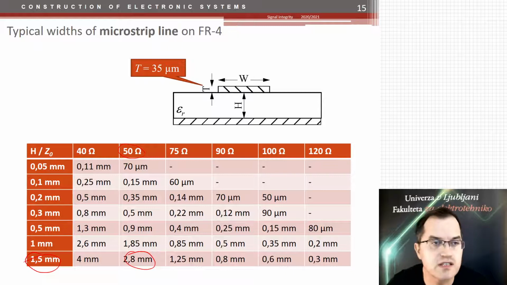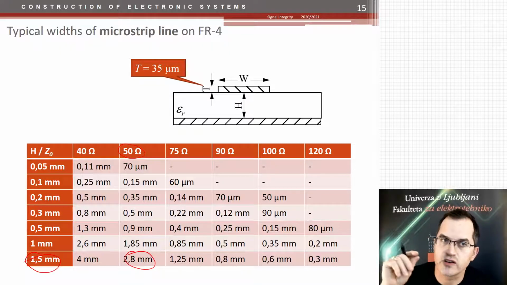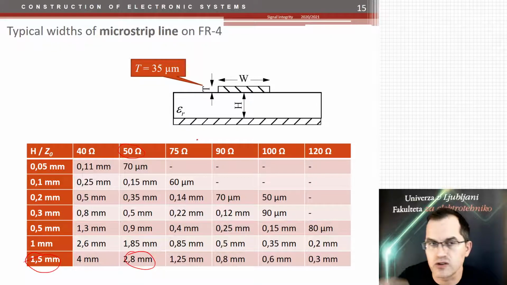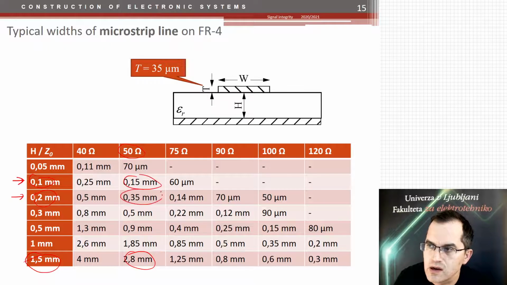Well, you can use multilayer boards, let's say 4 layers at least, and then choose the one which has a very, very short distance in the dielectric between the top track and the first ground plane, let's say that one or that one. These two then will give you easily controlled impedances with narrow tracks for reaching different values.